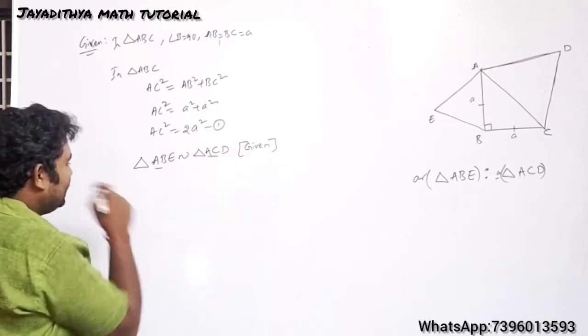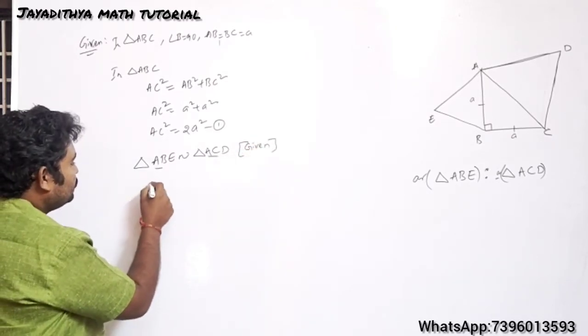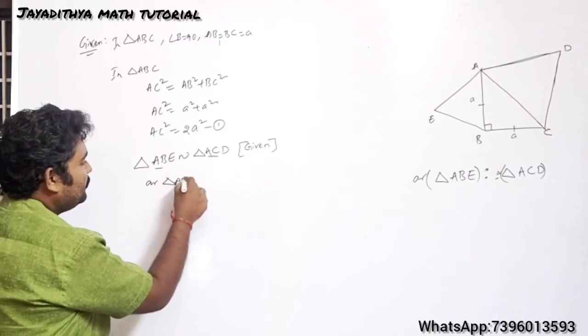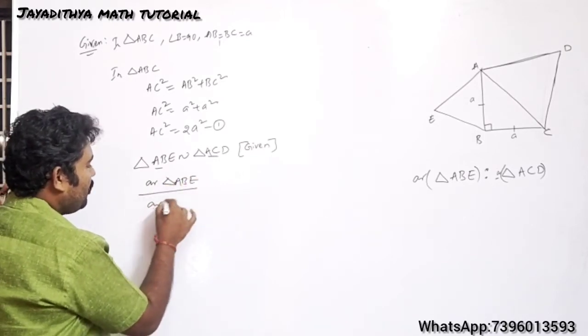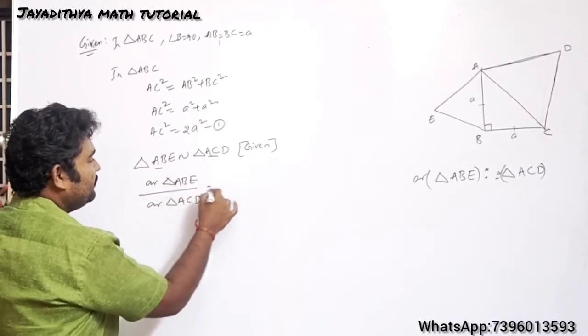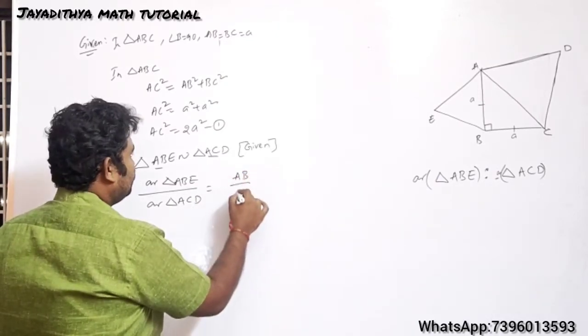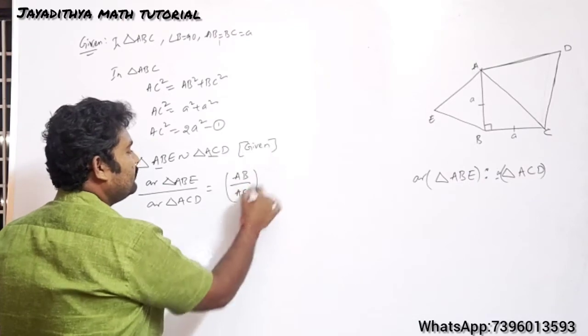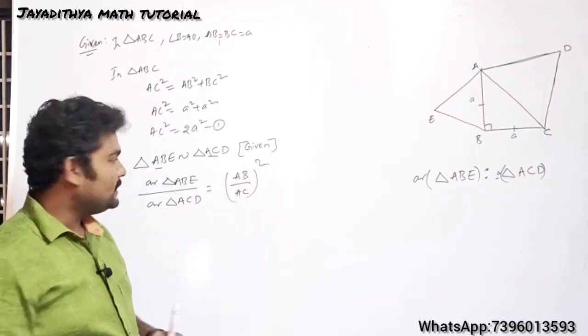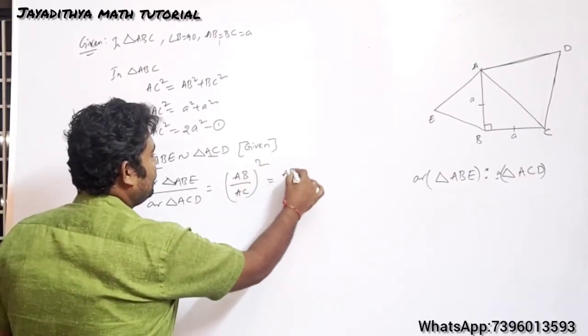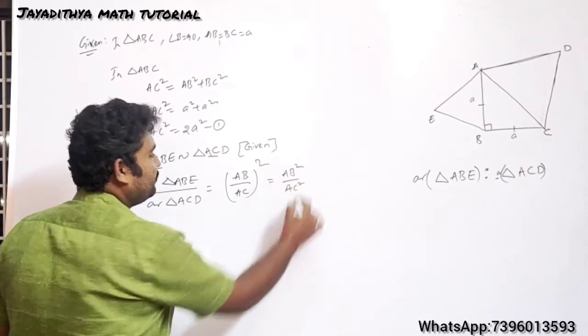So this is very simple. Area of triangle ABE by area of triangle ACD will be equal to the square of the ratio of the corresponding sides. This is nothing but AB square by AC square if you simplify.